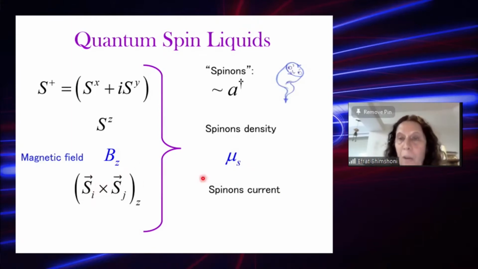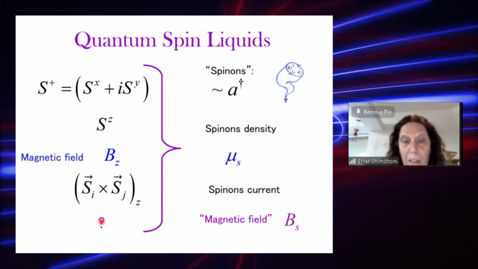Now, since we introduced a particle language that has density, it has current, it has a chemical potential, we also would like to have an analog of a magnetic field. And this fictitious magnetic field is something that should couple to the current in a similar way as magnetic field does in charge conducting systems.